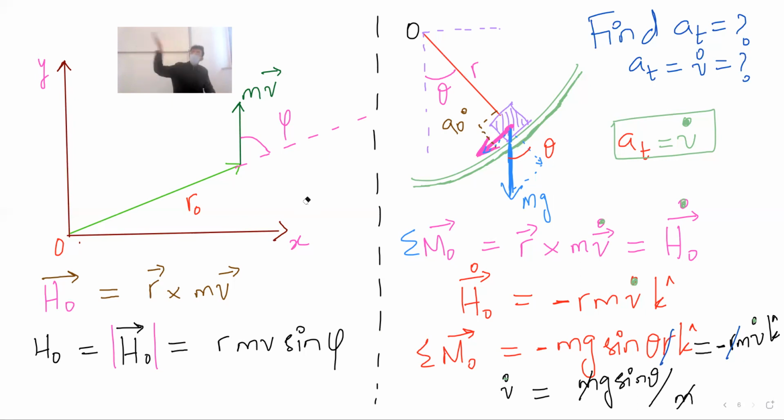That is bringing the bob like this. So it is pretty obvious that the tangential acceleration is g sine theta. The higher you take the bob and leave it, it keeps coming down, and its velocity keeps increasing because g sine theta, g sine theta, g sine theta keeps adding up.